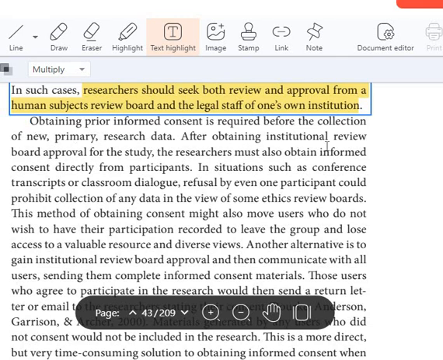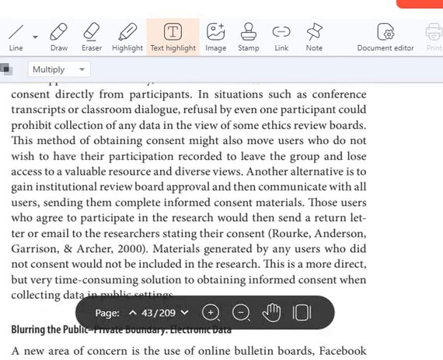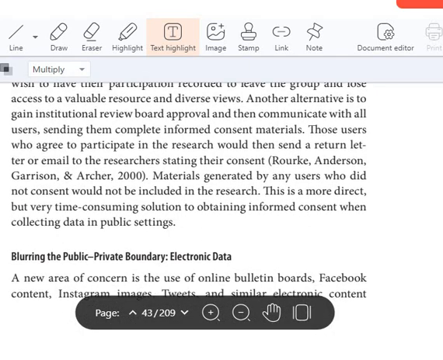After obtaining the institutional review board approval, the IRB for short, researchers must also obtain informed consent directly from participants. So you have to get both: from the institution or the board itself, and then directly from the participants.